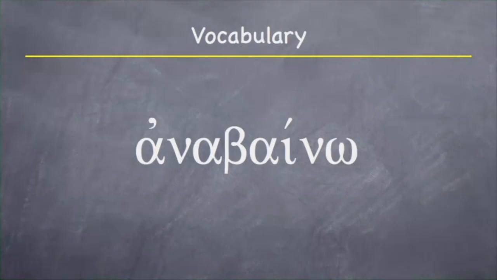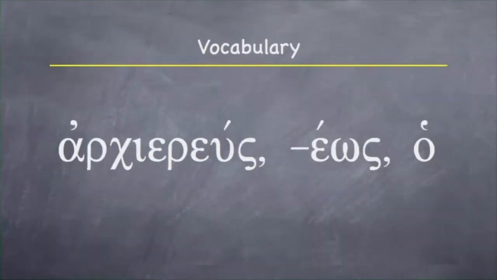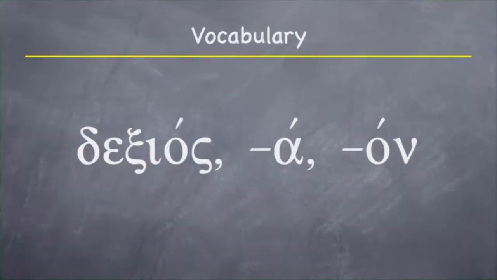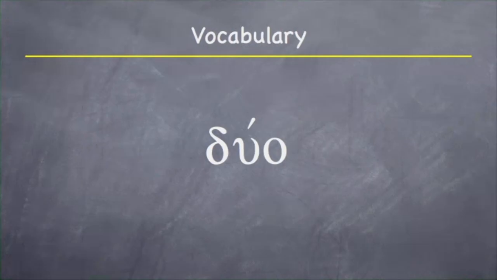Anabaino. I go up, come up. Archiereus, archiereos, ho. Chief priest, high priest. Dexios, dexia, dexion. Right. Duo. 2.